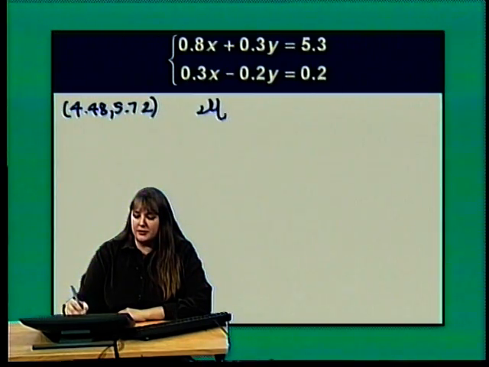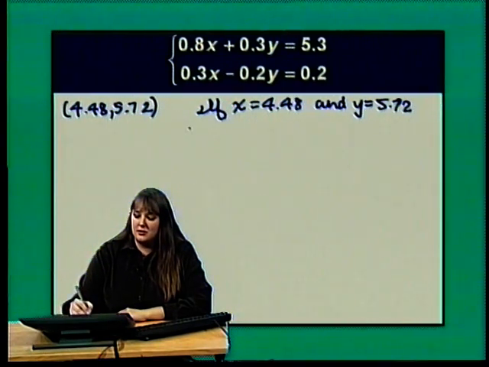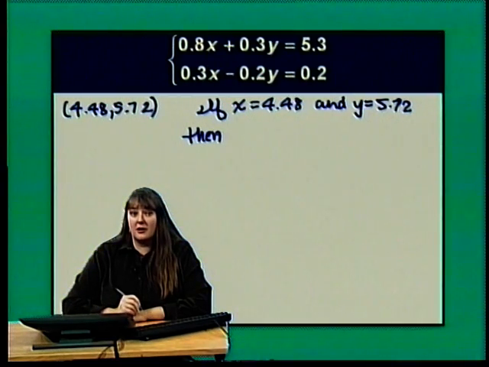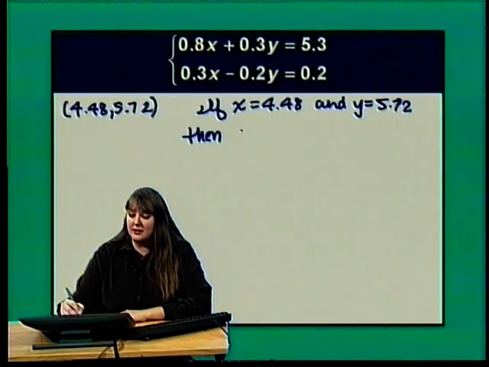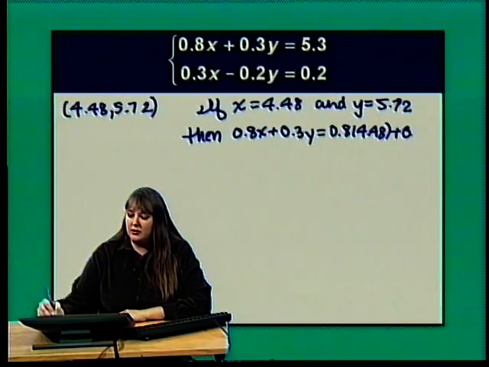So if x equals 4.48 and y equals 5.72, then looking at our first equation, just focusing on the left-hand side, 0.8x plus 0.3y would be 0.8 times 4.48 plus 0.3 times 5.72.